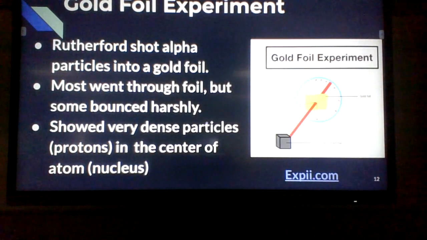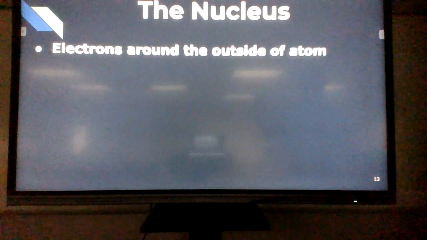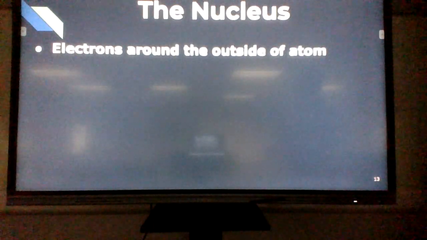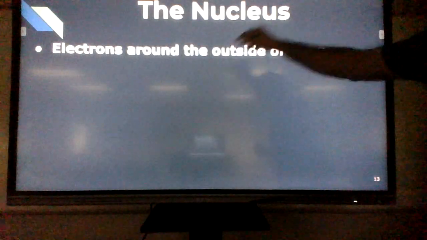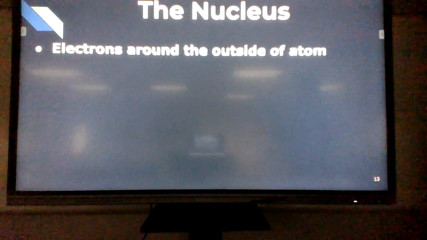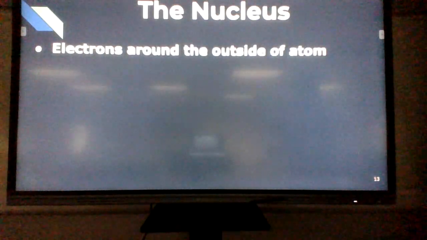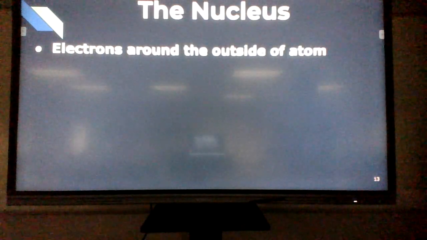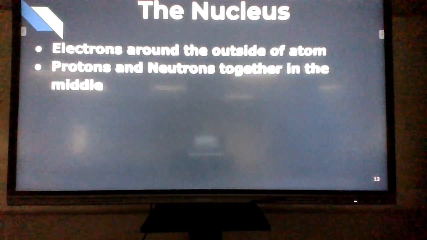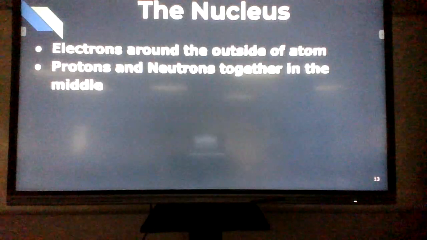Ready? The nucleus. The electrons orbit around the nucleus. So the electrons spin around and around and around outside the atom. Those protons and neutrons are held together in the center of the atom. Kind of like the sun, the center, remember, geocentric, of all the planets orbiting around. The protons and neutrons are held together in the middle, but realize something.